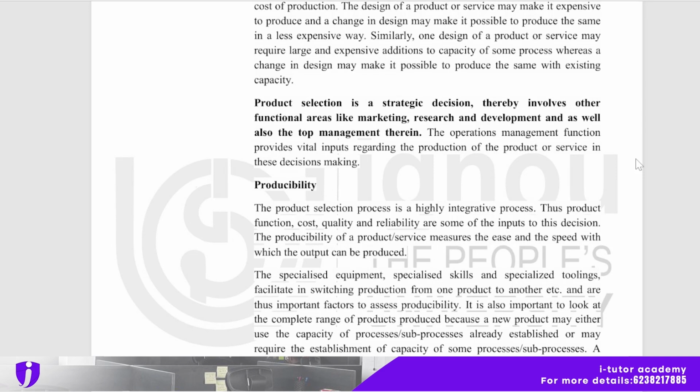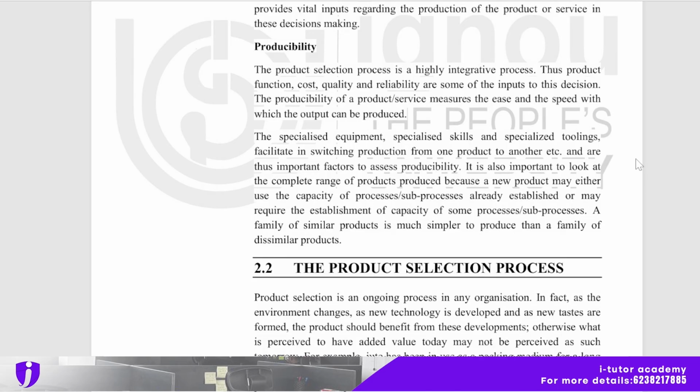Producibility. The product selection process is a highly integrative process. So the product function, cost, quality and reliability are some of the inputs to this decision. The producibility of a product or service measures the ease and the speed with which the output can be produced. Specialized equipment, specialized skill and specialized tooling facilitate switching production from one product to another, and are thus important factors to assess producibility.